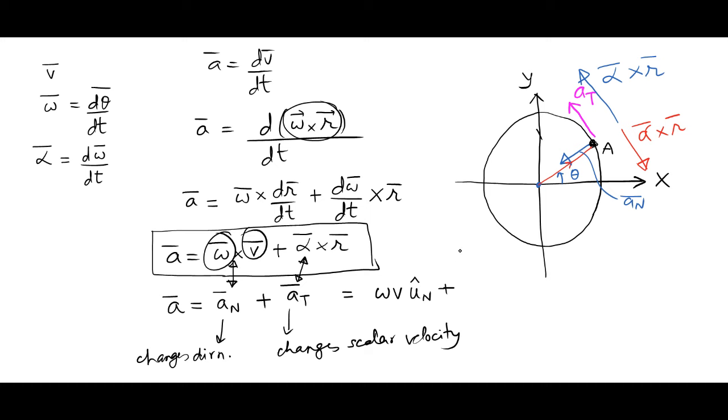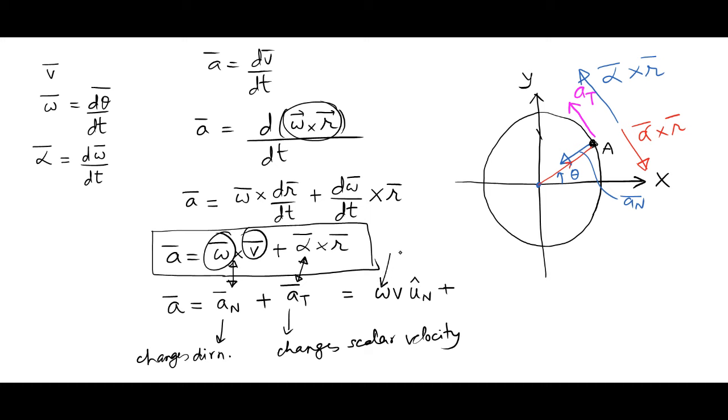and once I try to convert a vector into a scalar, I have to allot certain reference directions to the vectors involved, and these reference directions I take care that they are mutually consistent. So what do I mean by that? I'll just tell you again what I'm trying to do.